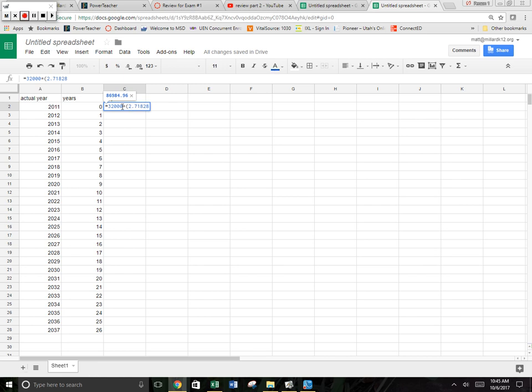So e raised to the power, and I'm going to put my exponent in parentheses because my exponent is two things. It's a k and a t. So for my k, and I'll have to specify what you use for k so we all get the same thing.